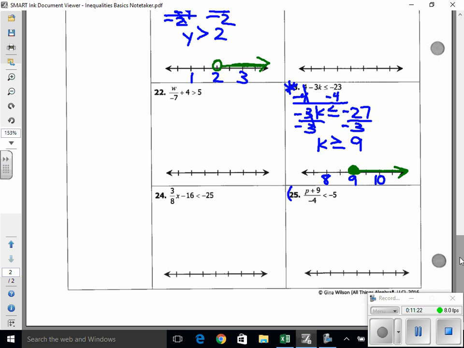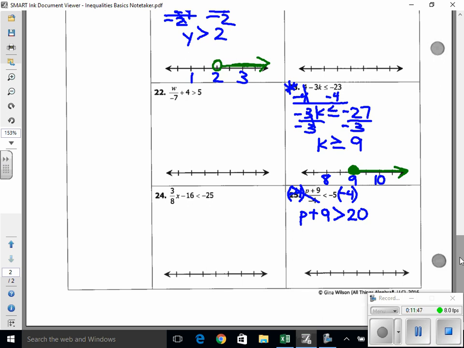So the first step you have to do is multiply by negative 4 so that the top becomes free. Right now it's trapped. So when you multiply by negative 4, it crosses off your negative 4. That leaves p plus 9. We multiplied by a negative 4, so you want to flip your sign the other way, and negative 5 times negative 4 is positive 20. If you don't move the negative 4 first, there is absolutely no way you can get an answer off this problem.